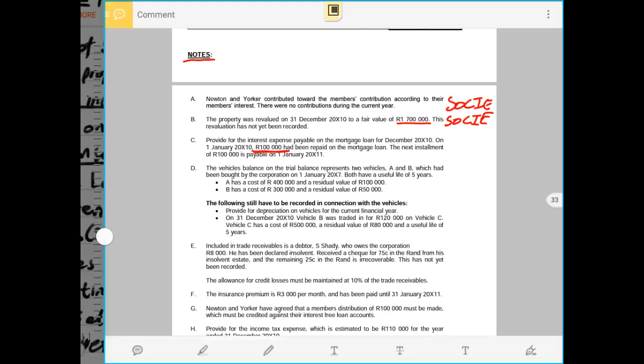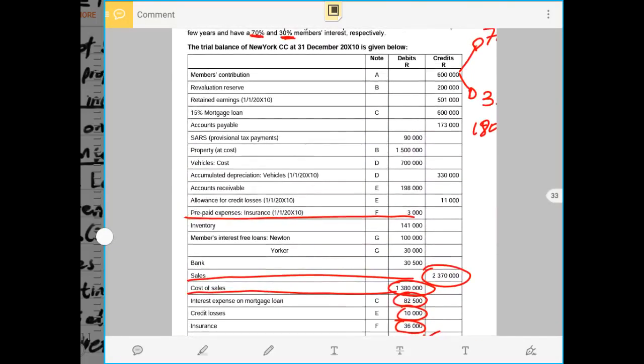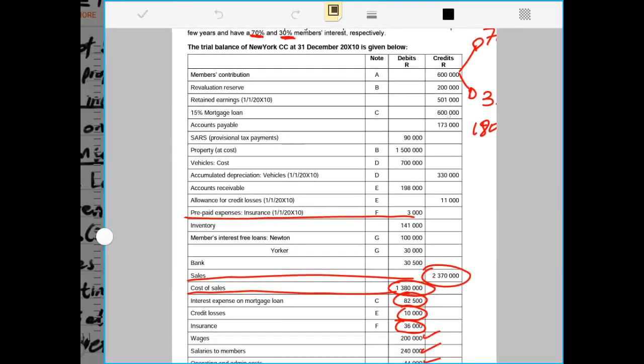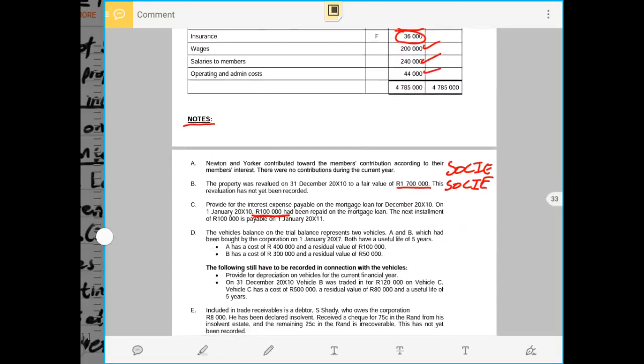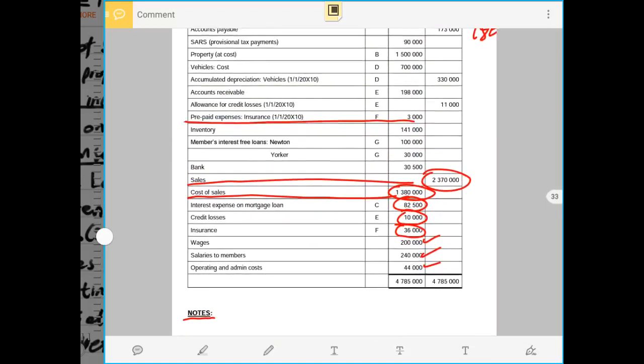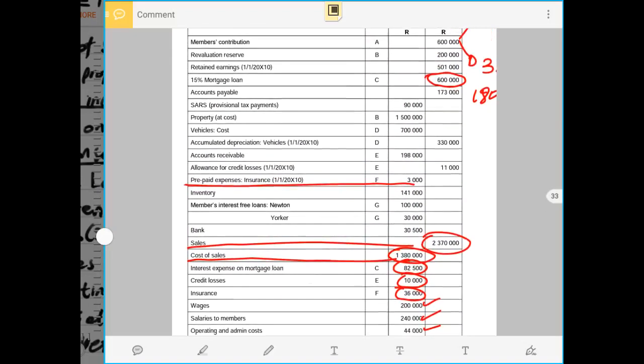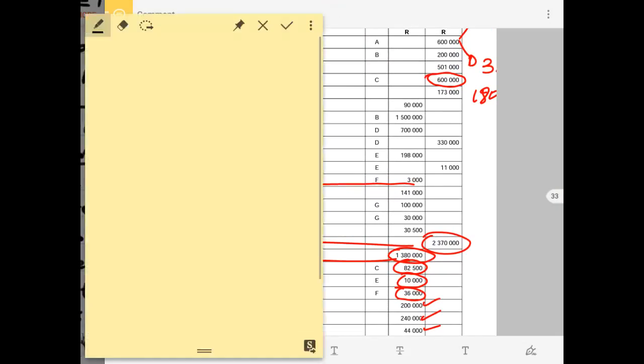So the amount that we see in the trial balance as a loan of 600,000 rands is after the repayment of 100,000 rands was taken into account. So our interest on the loan must be calculated on the full 600,000 rands. We have already done that when we did our workings analyzing the trial balance.